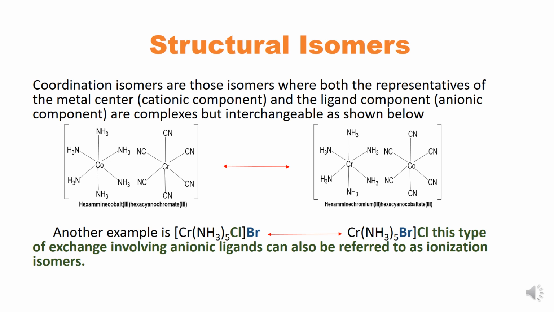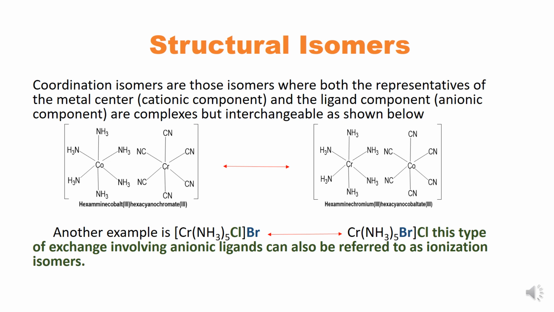As you can see in hexaamine cobalt 3 hexacyanochromate 3, you will see that here there are 6 units of cyanide attached to chromium and 6 units of ammonia attached to cobalt. But in the interchange, chromium has moved into the ammonia sphere, while cobalt has moved into the cyanide sphere.